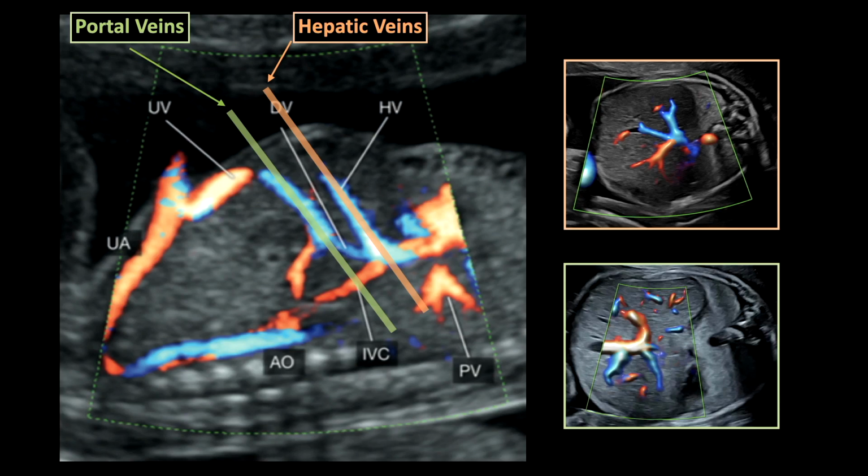One is at the level of the umbilicus, at the perfect level of the abdominal circumference. That's the portal venous system. And then if you slide slightly up under the diaphragm, you get the hepatic drainage. The connection between the two is the ductus venosus. The ductus venosus shoots a little bit upward towards the subdiaphragmatic vestibulum.